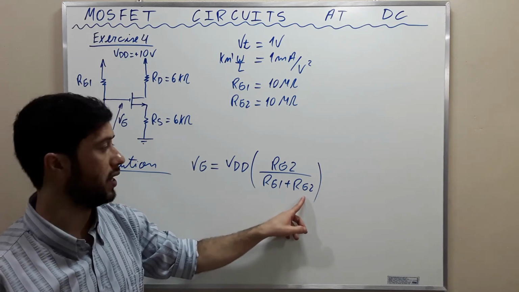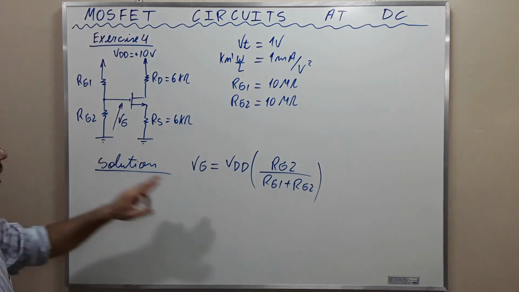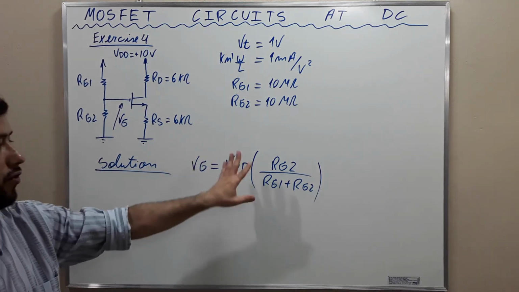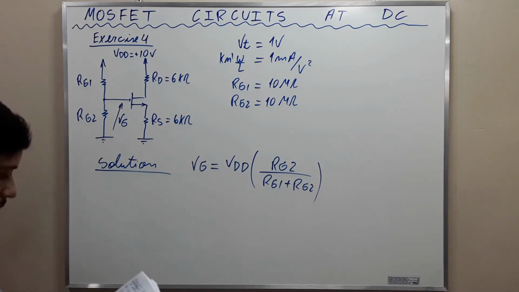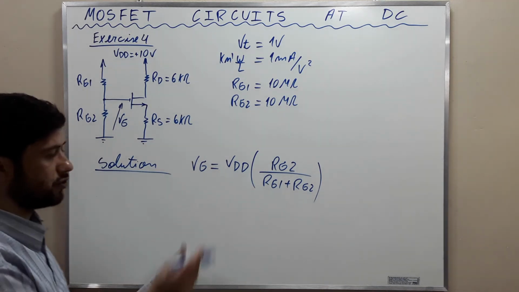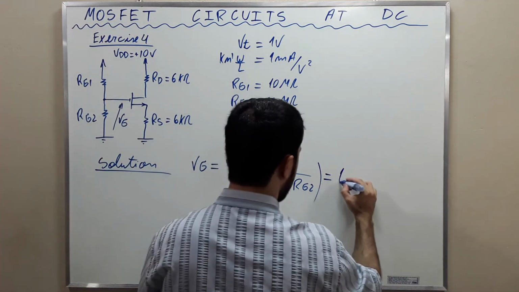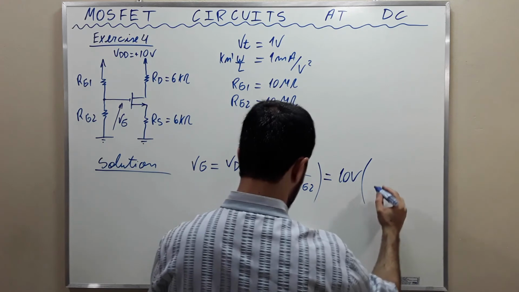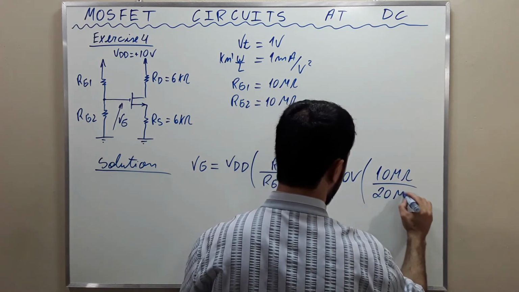If we multiply this current by Rg2, we get the voltage. So this is the idea behind the voltage divider. And we substitute the values. 10 volts, 10 mega ohms divided by 20 mega ohms.